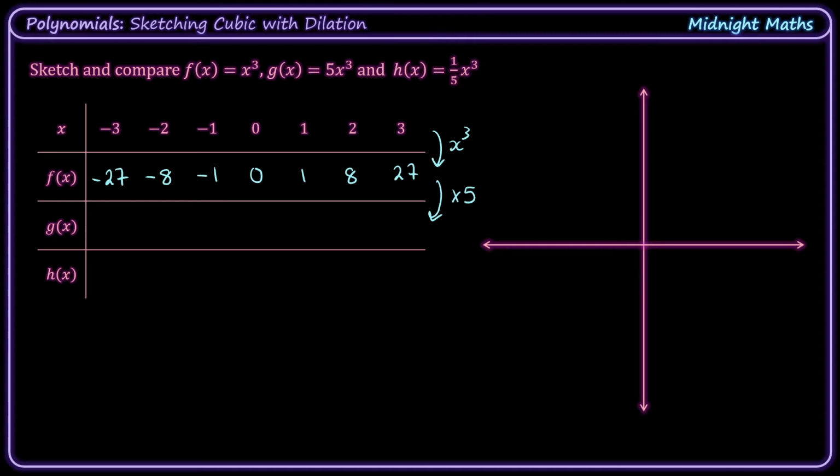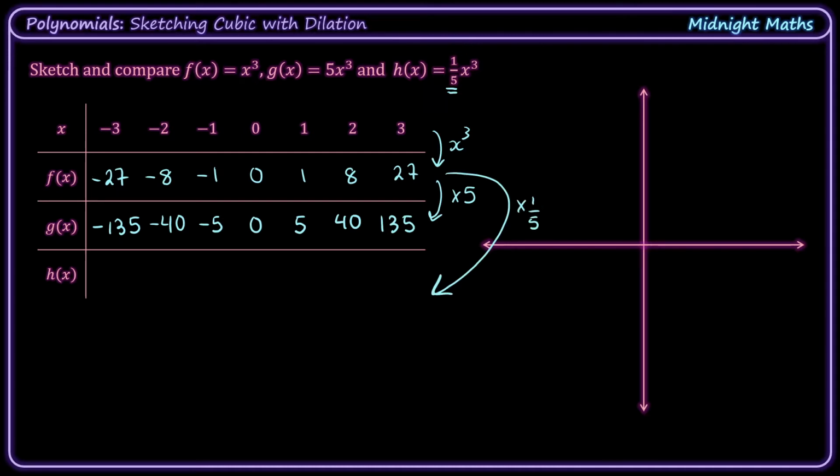-27 times 5 is -135. -8 times 5 is -40. -1 times 5 is -5. And then I have 0, 5, 40, and again 135. Now for h of x, I'm going to multiply by 1/5 compared to the original graph of f of x.